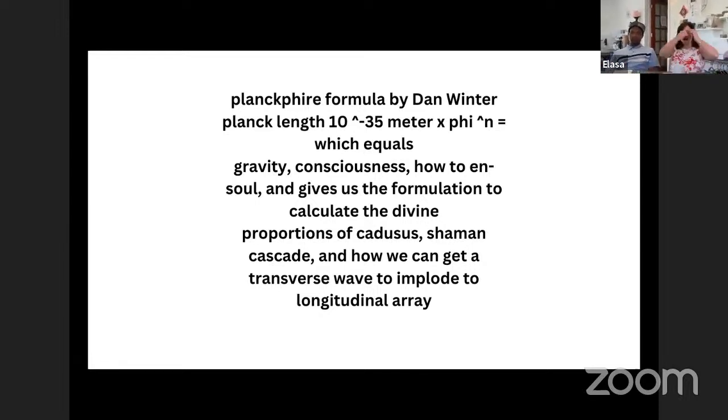But with Dan Winter's formula of Planck length, which is 10 to the negative 35 meters, times phi 1.618 to the n, one of his main discoveries when he was figuring out this formula was the hydrogen atom.